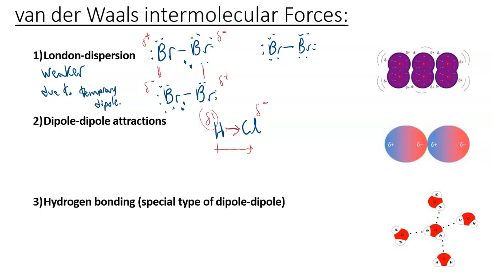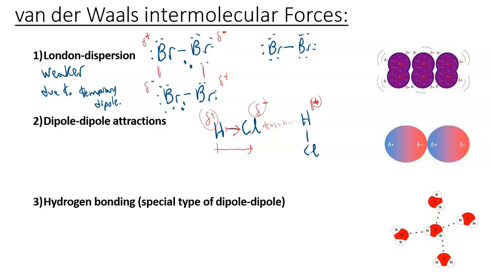So this delta positive and delta negative is going to be attracted to the delta positive and delta negative of another one of its molecules somewhere else. So the partial negative charge in the chlorine is going to be attracted to the partial positive charge on the hydrogen of another molecule.